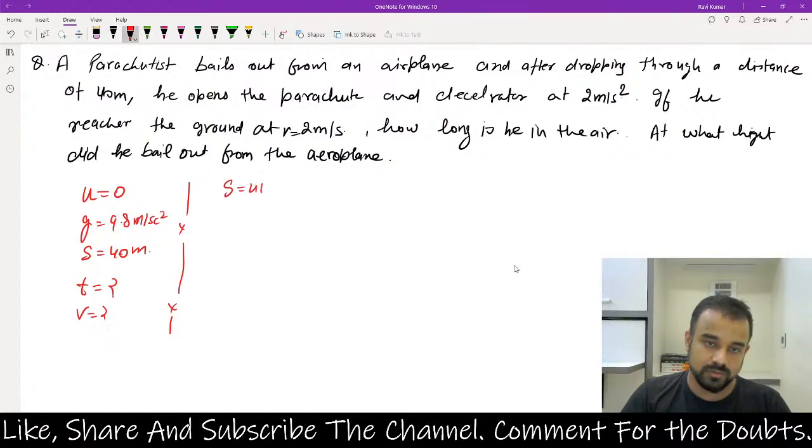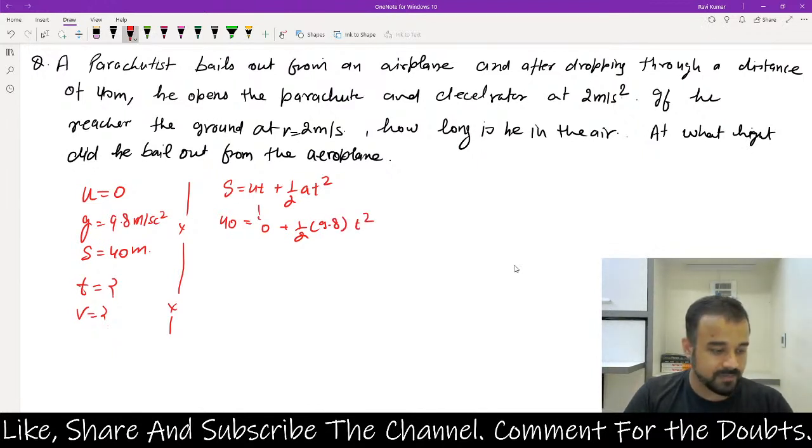S is equal to ut plus half at square. So we can see 40 is equal to 0 plus half g t square.